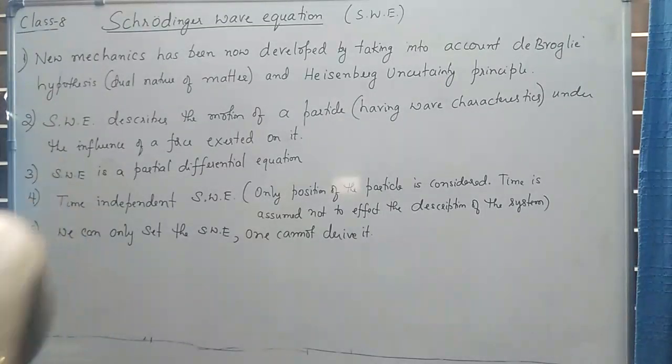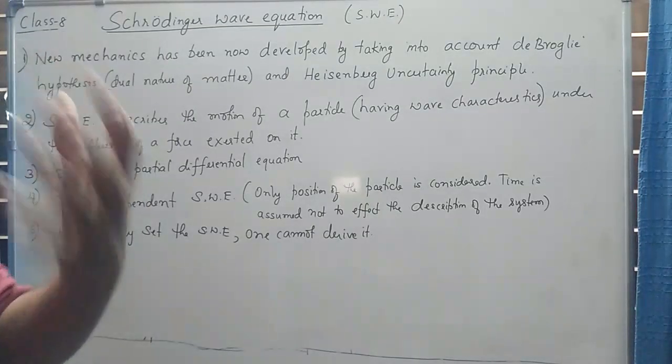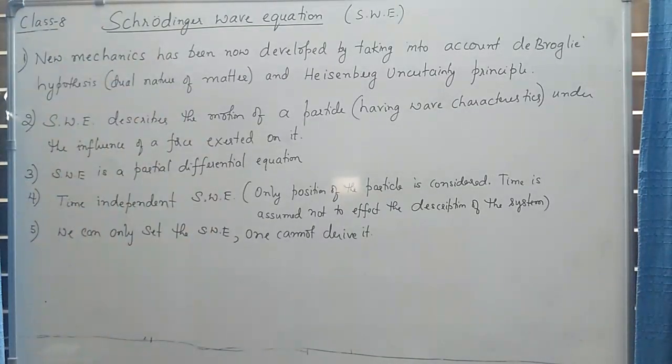It may be revolving around the nucleus in a circular or spherical shaped orbit, or in some fixed type of orbit. How the electron is responding to the force, to describe that we have to use the Schrodinger wave equation. We cannot use Newtonian equations now.